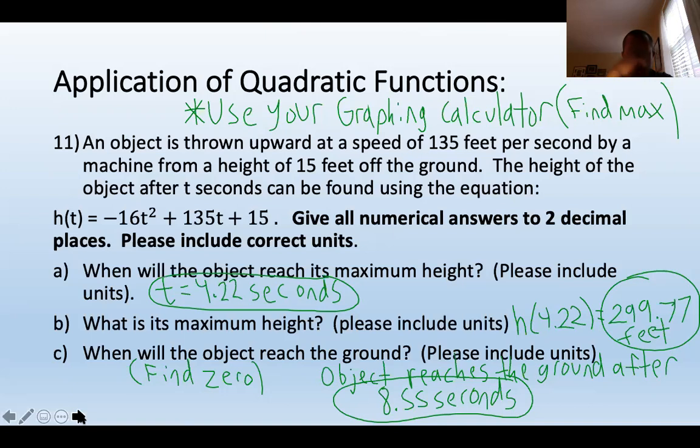Now, A says, when will the object reach its maximum height? The way I'm having you do this particular problem is you have to find the relative maximum of the function.